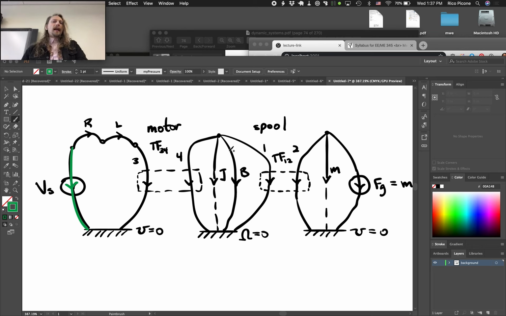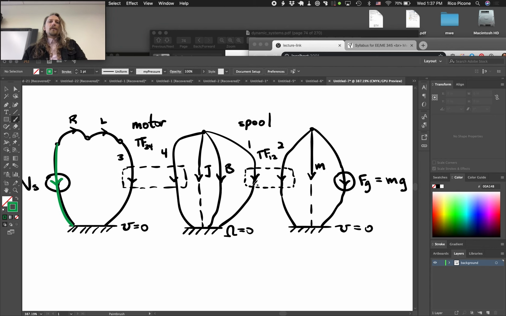Then we go to A-type energy storage elements. Now we have an interesting thing happen. Remember, we used to have the rule that wouldn't allow us to select an element that would create a loop, right? But if we select J, an A-type, and M, an A-type, we don't create a loop yet.